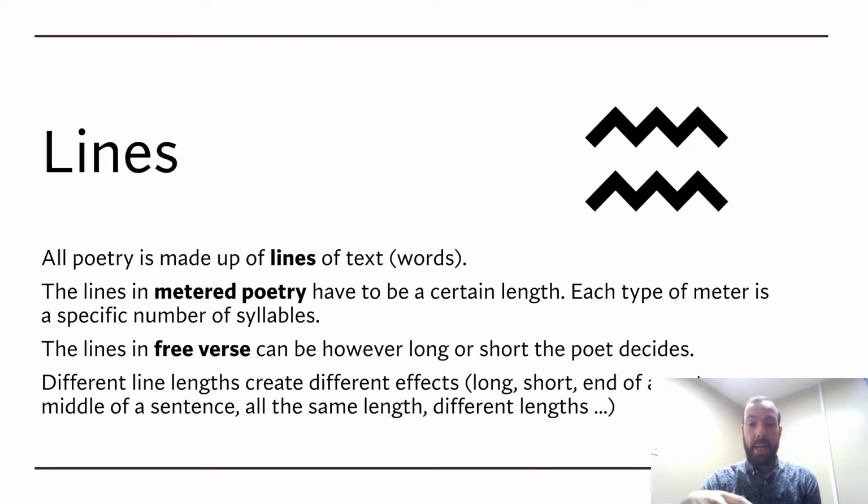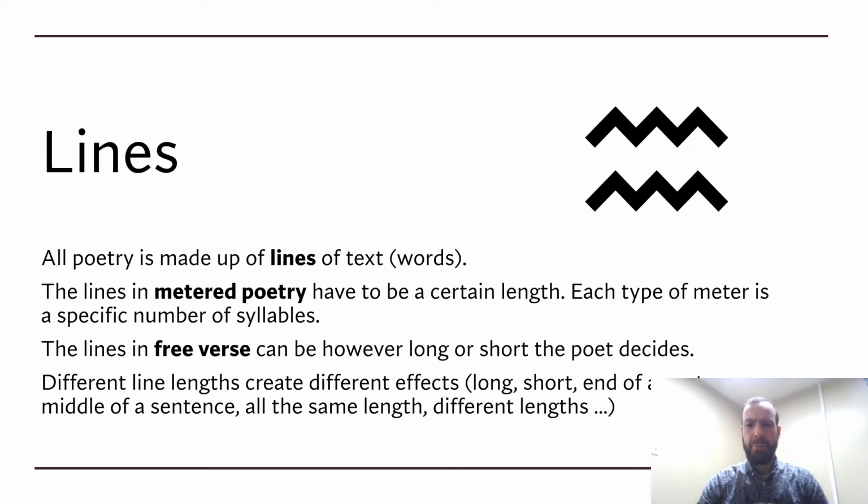Metered poetry is where lines have to be a really particular length. Depending on what kind of meter it is, the line has to be a certain number of syllables. So it's a kind of poetry with a lot of rules. But that's where you get really good rhythm and rhyme in the poetry, is when you have a tight meter on it.